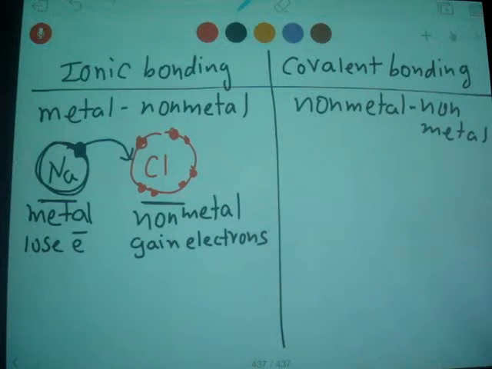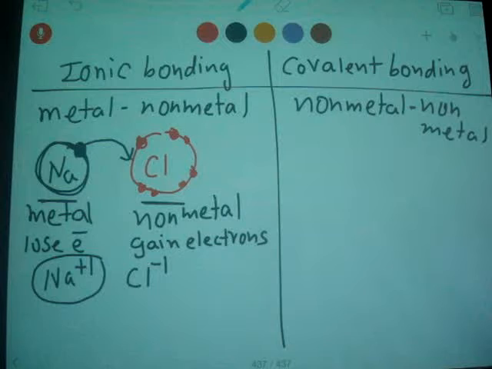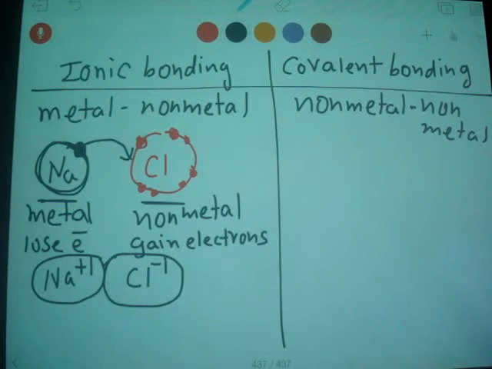When Na loses an electron, it becomes Na+, and chlorine receives 1 electron and becomes Cl-. When those positive and negative ions attract, that's where ionic bonding happens, because positive and negative attract.